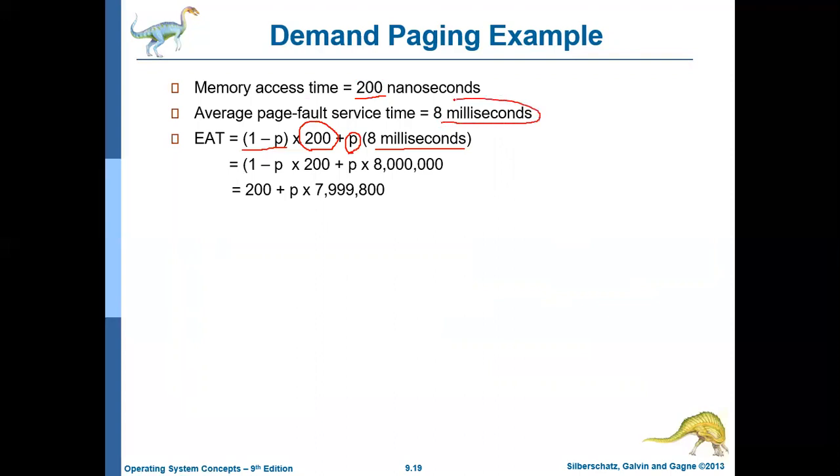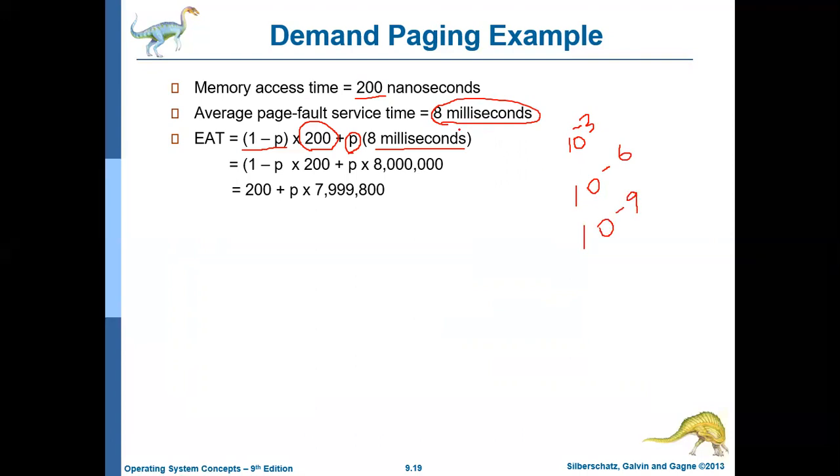The overhead here is 8 milliseconds. A millisecond is 10 to the power minus 3, 10 to the power minus 6 is microseconds, and 10 to the power minus 9 is nanoseconds.